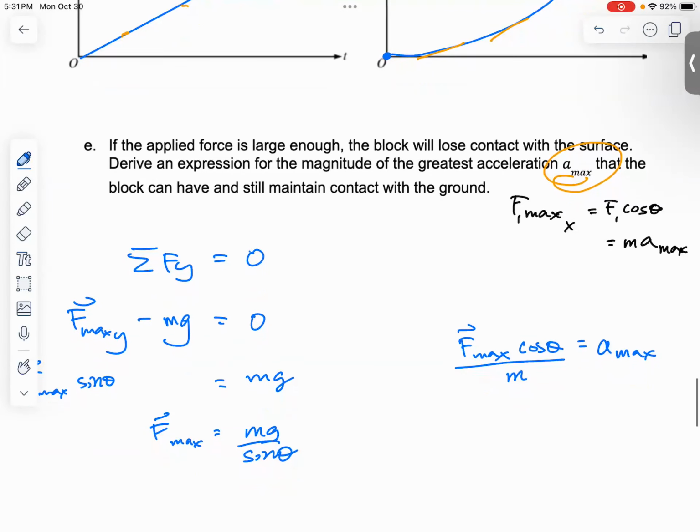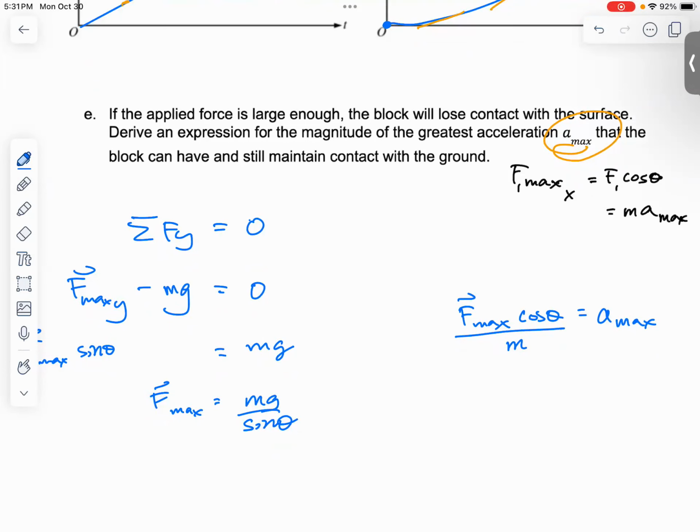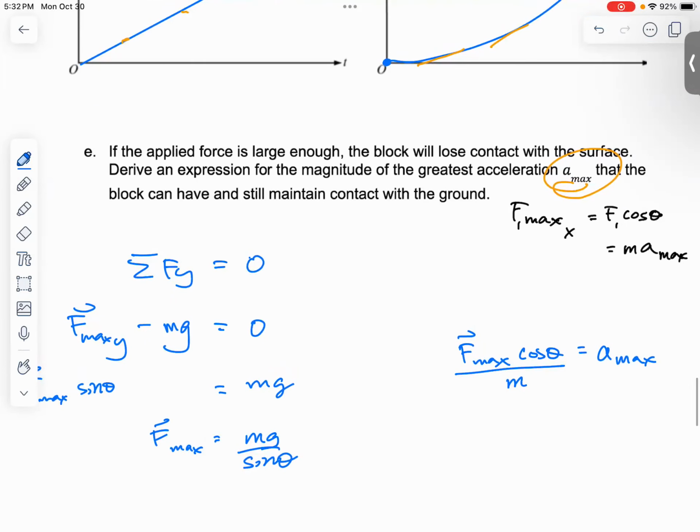Okay. So now the problem on this algebraic expression is that we're having this F max right here. And we cannot have F max in the final expression.